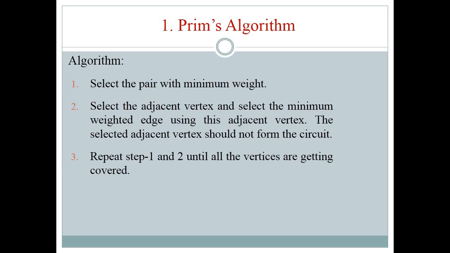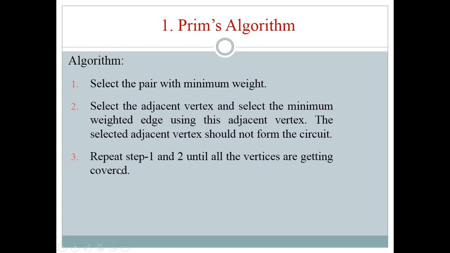The second step states: select the adjacent vertices and select the minimum weight edge using this adjacent vertex. The selected adjacent vertex should not form a circuit. That is the very essential condition for Prim's algorithm. After it, the third step says we have to repeat steps 1 and 2 until all vertices are covered.